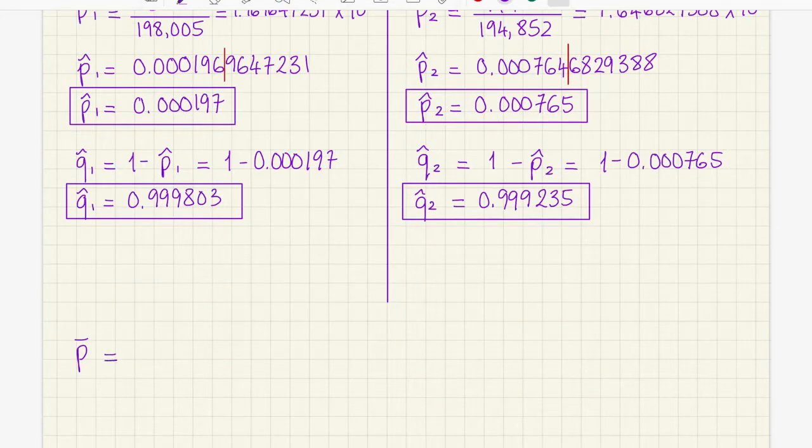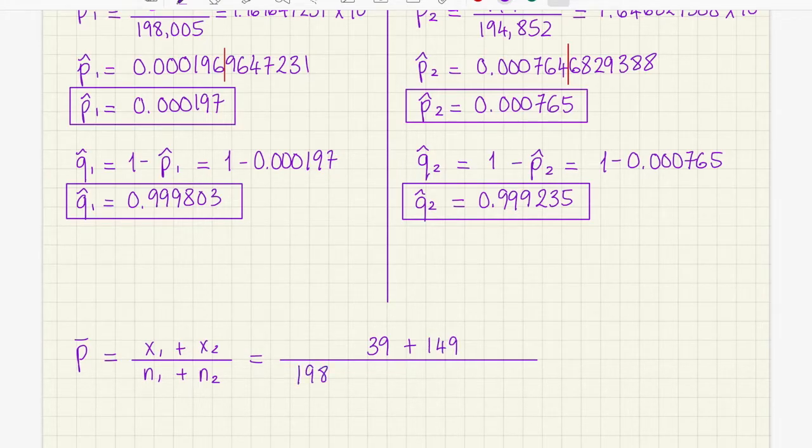P bar equals x1 plus x2 over n1 plus n2, which is 39 plus 149 over 198,005 plus 194,852, which is 188 over 392,857.